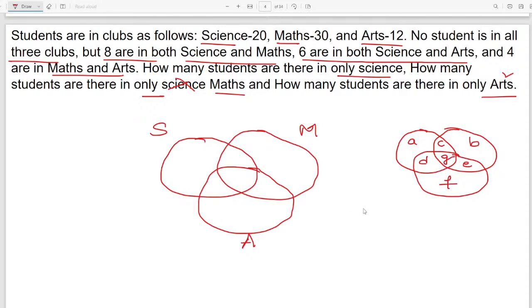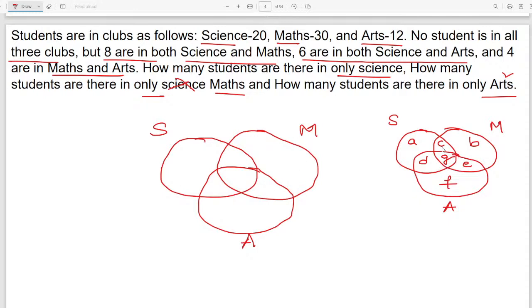G is the area where all the three sets, in this case science, maths, and arts, overlap, where the students belong to all three clubs.